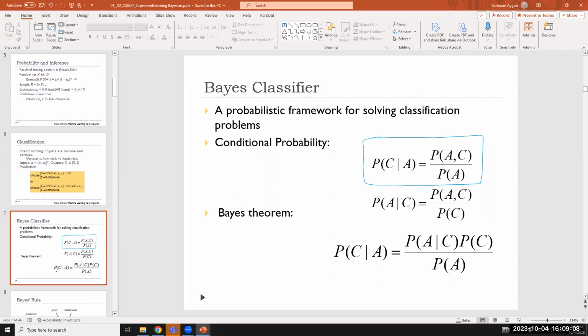So you can write the formula: the probability of C given A can be written as the probability of A and C together, both of them happening at the same time, divided by the given condition. So in the numerator you have the probability of them happening together, both. And then in the denominator you have the probability of the given condition. So this is the formula for conditional probability.